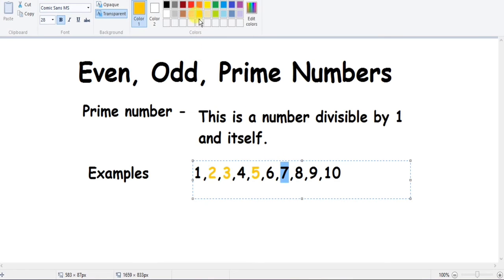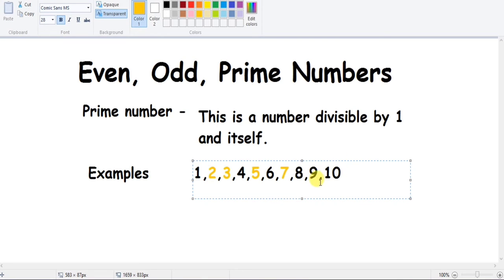So 7 is a prime number. We go to 8: it can be divided by 1, by 2, by 4, and by 8 itself. So this has a lot of numbers which divide into it. So 8 is not a prime number.